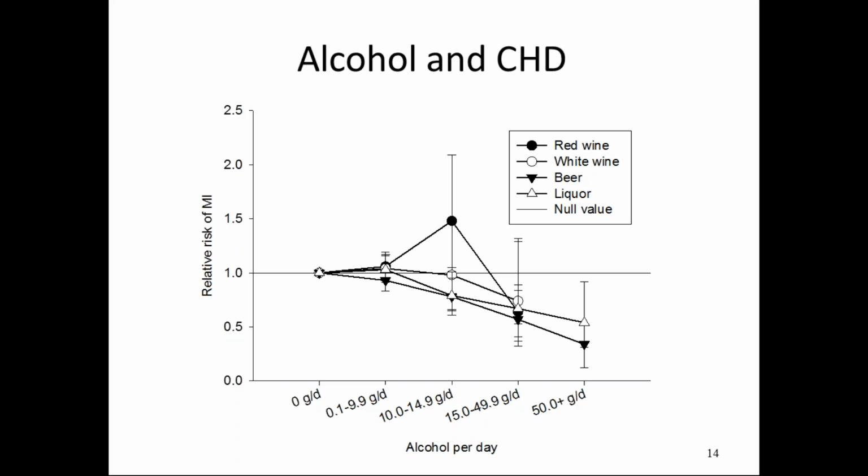You'll sometimes hear in the lay media that you should drink red wine for your heart. Does this look like it really supports that? Yeah, so probably not. This would suggest that any sort of ethanol intake is going to be cardioprotective.